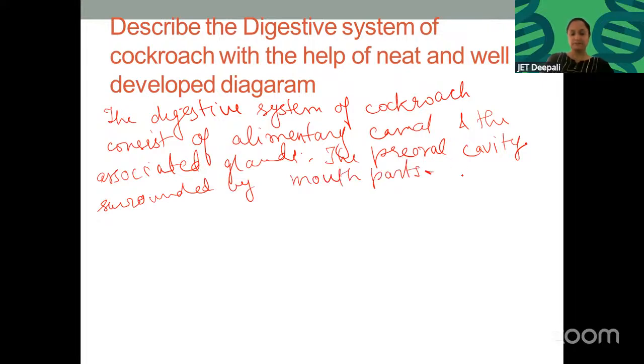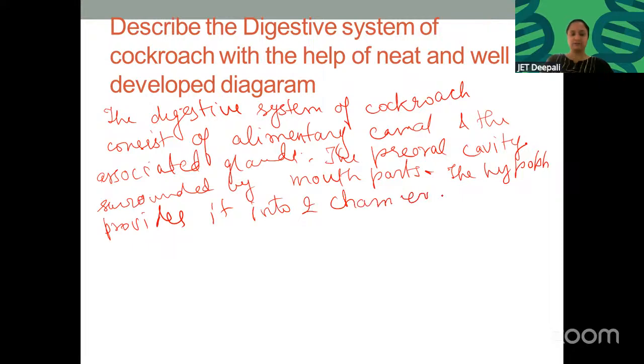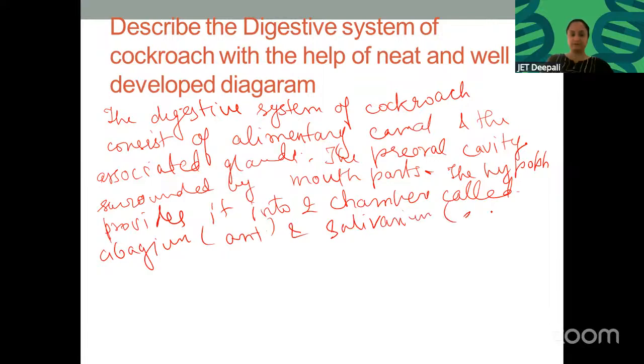The hypopharynx divides it into two chambers called the cibarium, the anterior one, and the salivarium, the posterior one.